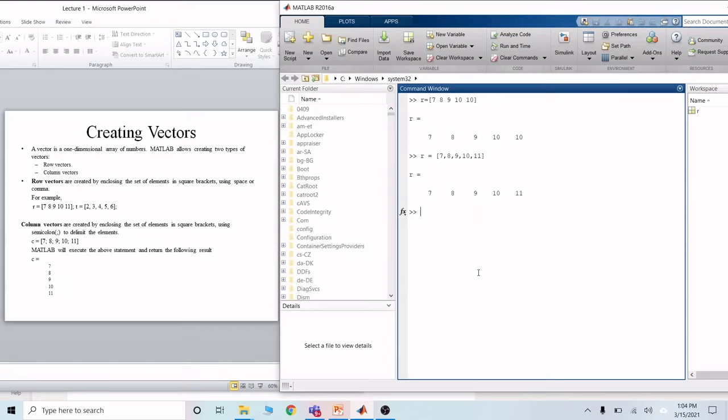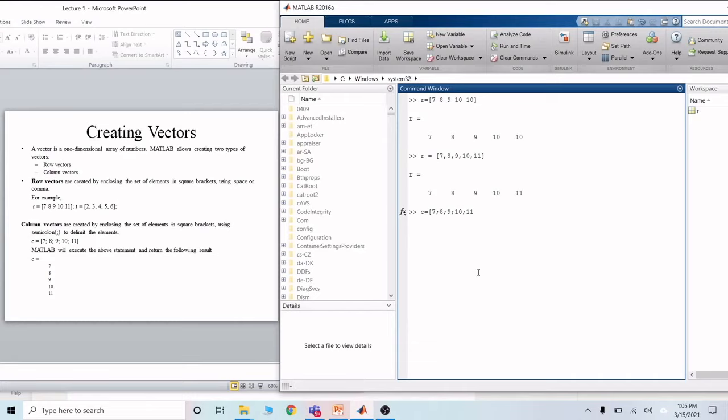You can use space or comma for the row vector. And for the column vector, C is equal to 7, semicolon 8, semicolon 9, semicolon 10, semicolon 11.